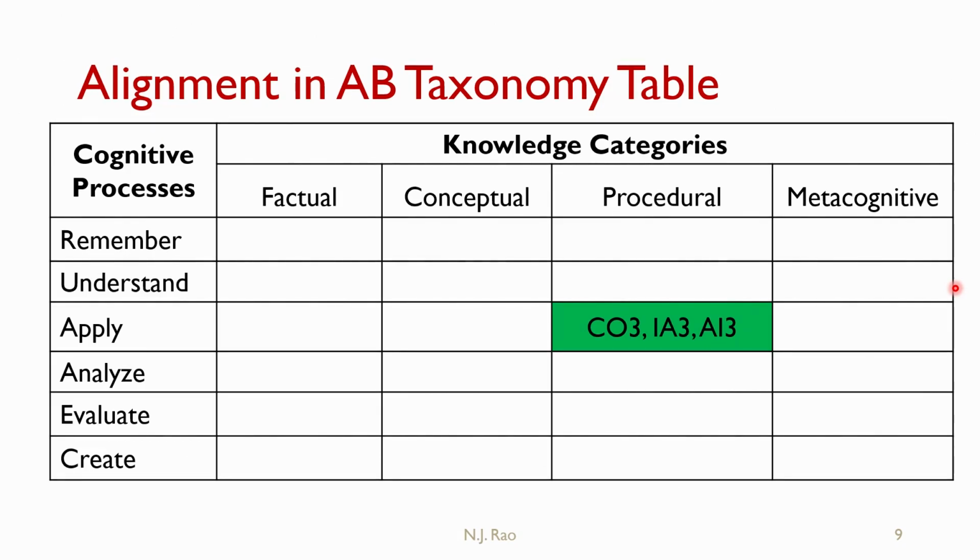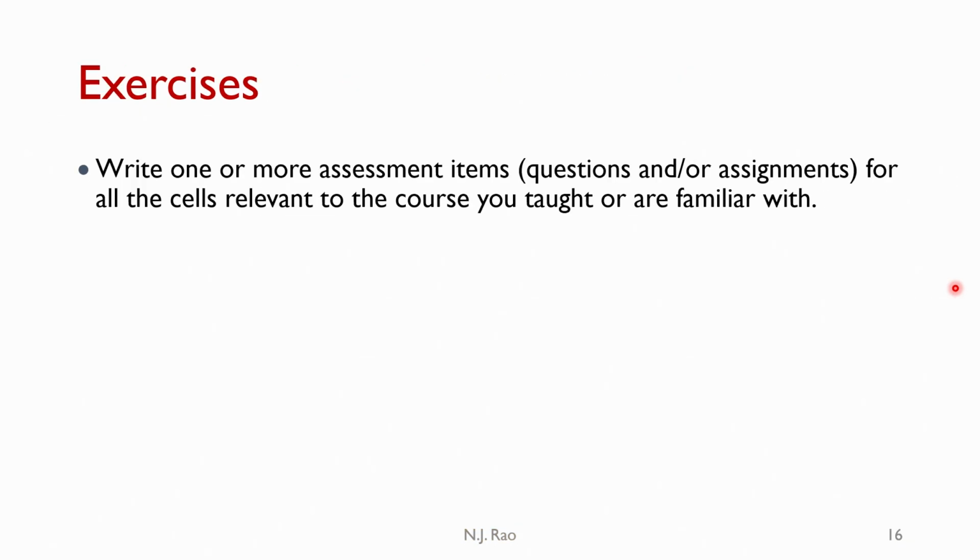Sometimes, in fact in many courses in many areas, they stop with the cognitive process understand. That means you are restricting yourself to only the top 2 rows. So, it depends on the nature of the course and the way the faculty member wants to handle the course. So, keep that in mind when writing. When we say relevant cells, we really mean that.